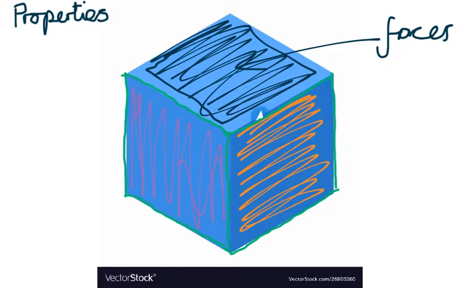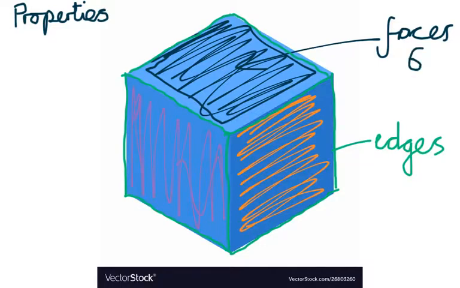So for this edge here, we've got a face here that meets and a face here that meets. So these, equivalent to the sides, are called edges. And a cube, which has 6 faces, has 12 edges.